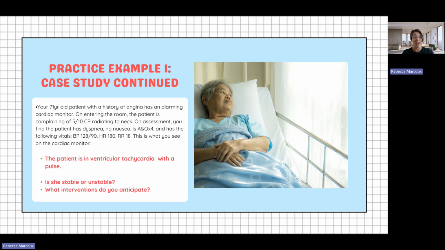So if you guys remember, when we have stable VTAC with a pulse, which is generally characterized by a heart rate below 150, stable blood pressure with a palpable pulse, we often move to pharmacological interventions like amiodarone, like procainamide. In our unstable VTAC with a pulse, we move to synchronized cardioversion.